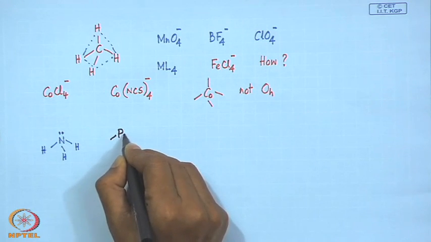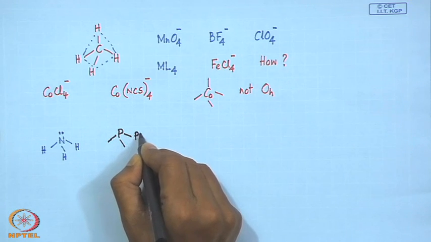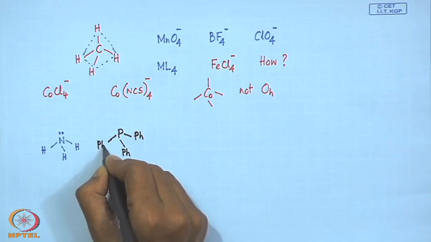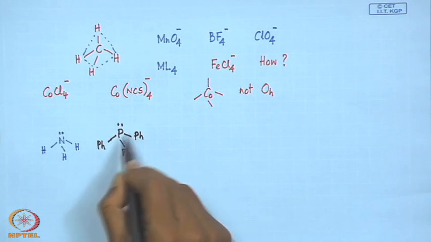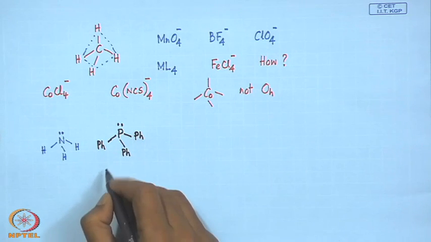Similarly, if we just use the phosphine center with 3 bulky phenyl rings. So, these are bulky phenyl rings.